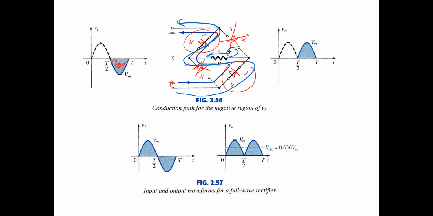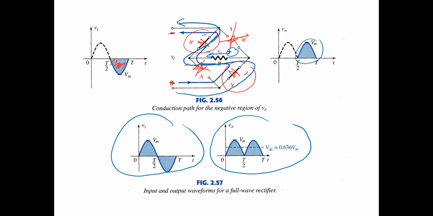So we can construct the output waveform using this. This is the positive. So by using this full wave rectifier on the AC, we can get the DC rectification like this. So this is on and then on, in the positive cycle and the negative cycle, there is a magnitude of the output waveform.